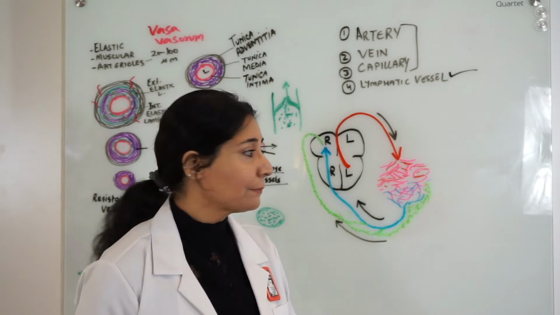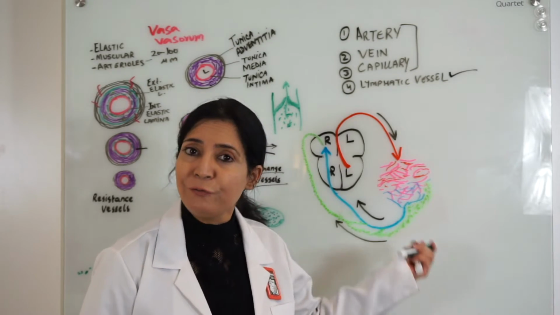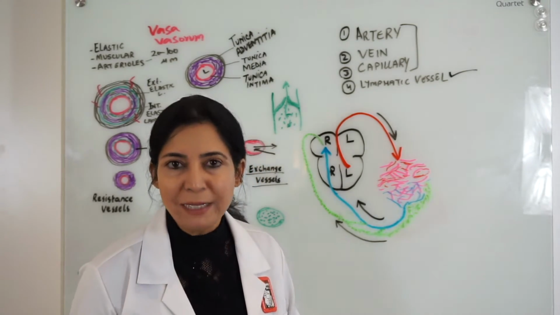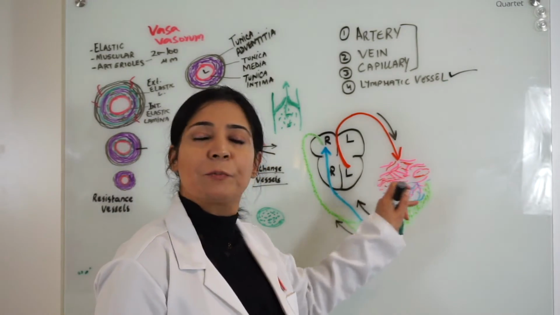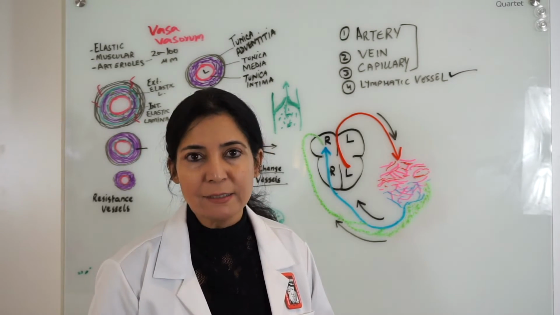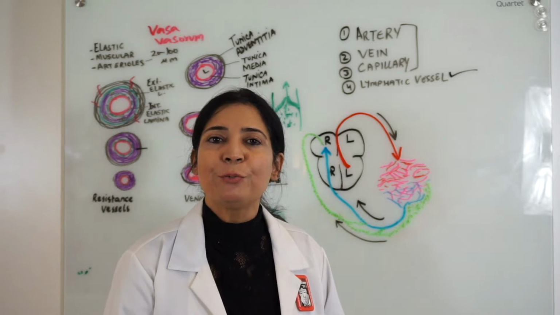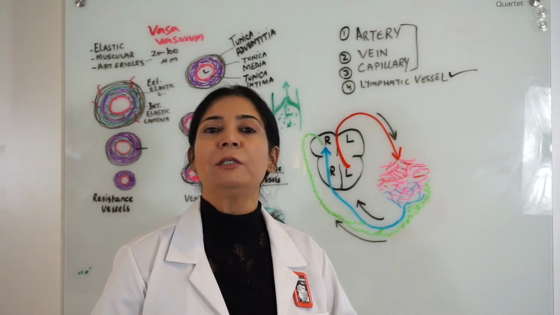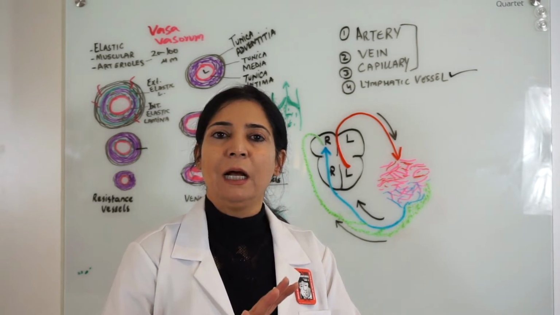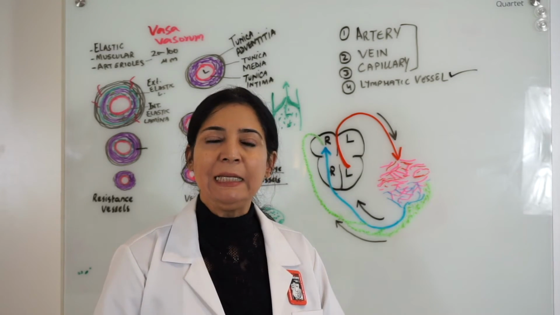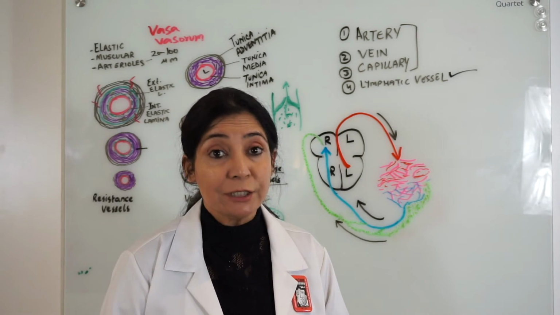The lymph is a tissue fluid, as we have kept on mentioning, that is present within the interstitial spaces. And our interstitial space is supposed to be pretty much dried off, clean, and in neat condition.